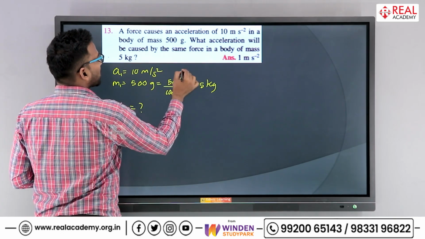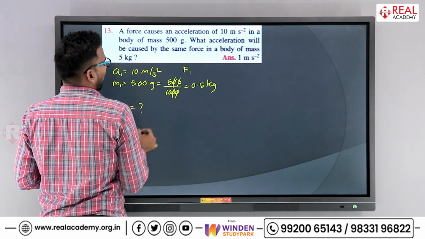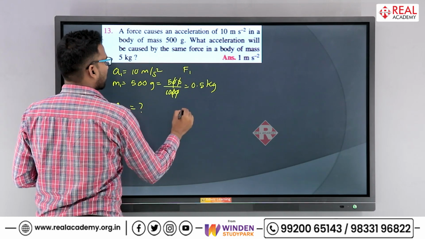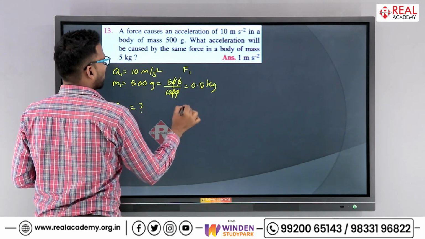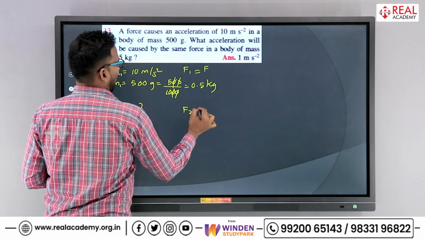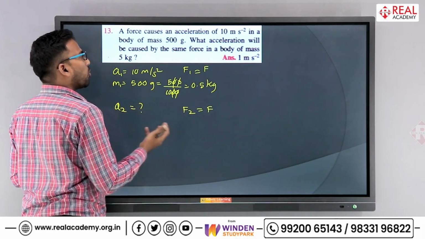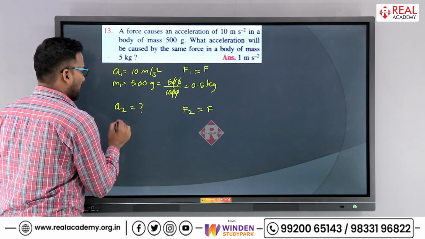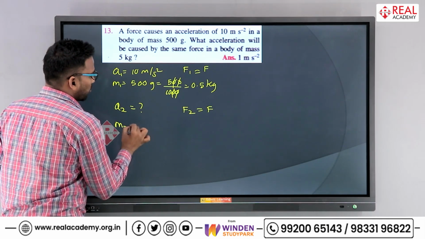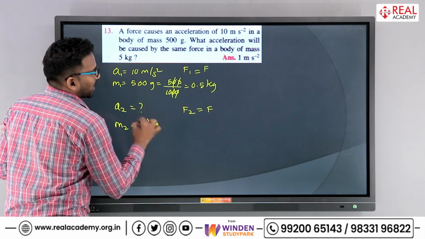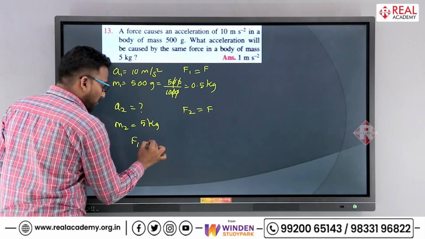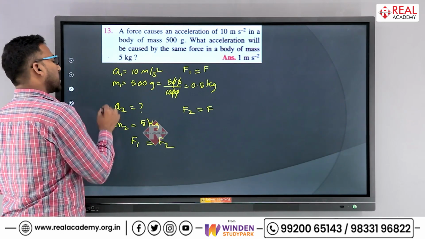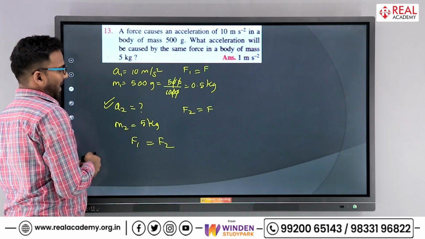Here force, this F1, by the same force means here let us say F2. So F1 is equal to F and F2 is equal to F. Forces are same, in a body of mass 5 kg. Now the M2 is given as 5 kg. They are saying F1 is equal to F2. Then they are asking us to find the acceleration produced in the second mass.